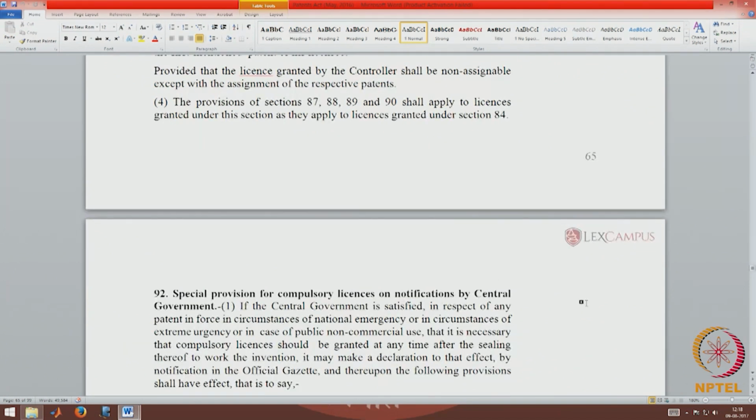4. The provisions of section 87, 88, 89 and 90 shall apply to licenses granted under this section as they apply to licenses granted under section 84.